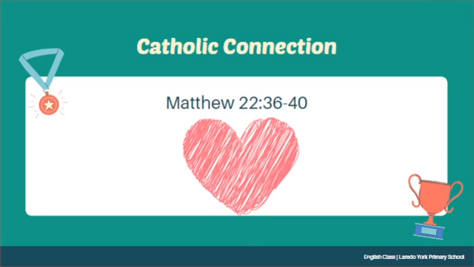Through this commandment, the Lord shows us the importance of loving and caring for those around us, even if we don't necessarily have a lot, like the students saw in the book at the beginning of the lesson, that even if you don't have a lot, there's still something that you can give, whether it be your time, whether it be some resources that you have, you can always find something to give and some way to love your neighbors around you.